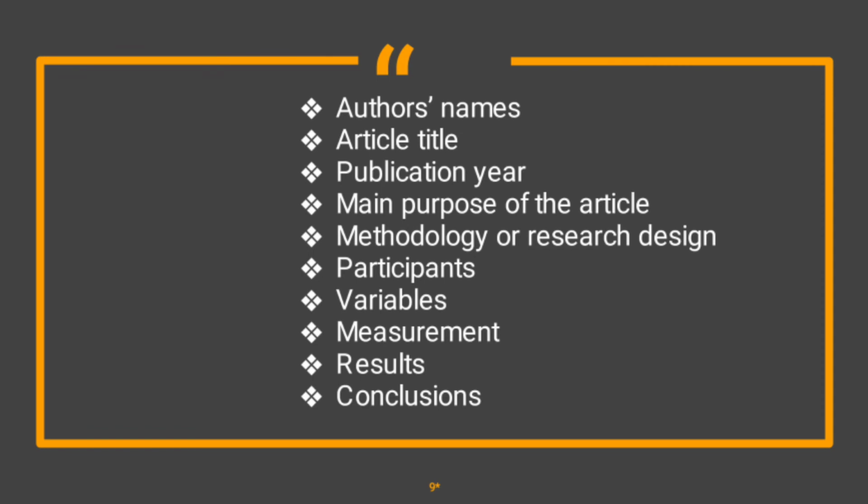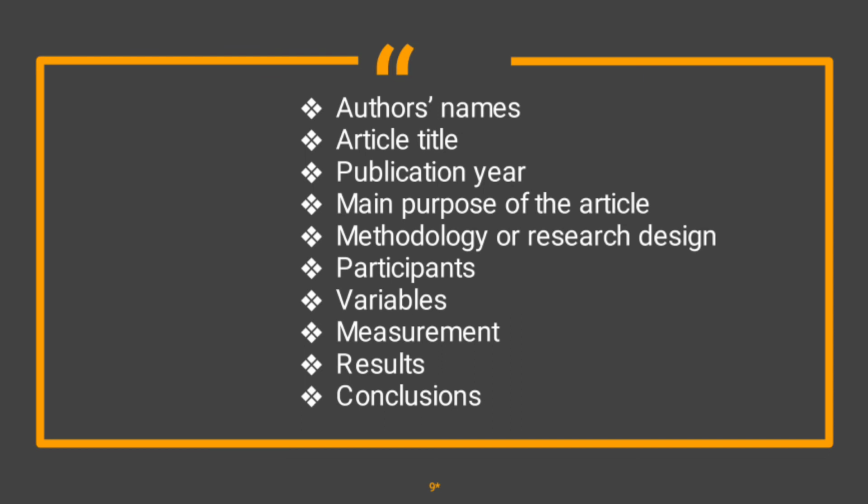These are the things that we need to focus on in the related literature when we are doing a summary table. First, we have the author's names. Of course, this will prove that your sources really exist. Next is the article title, which is already common when we are looking for a source, together with the publication year. Next is the main purpose of the article.